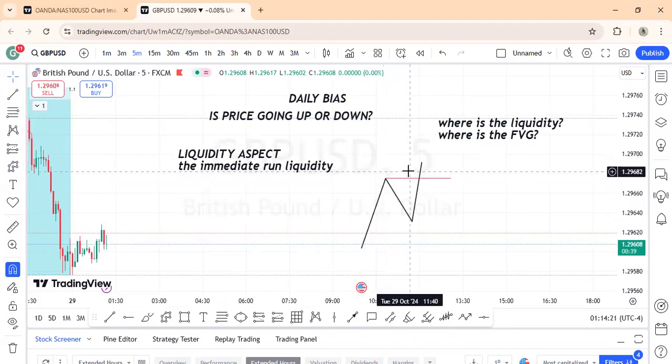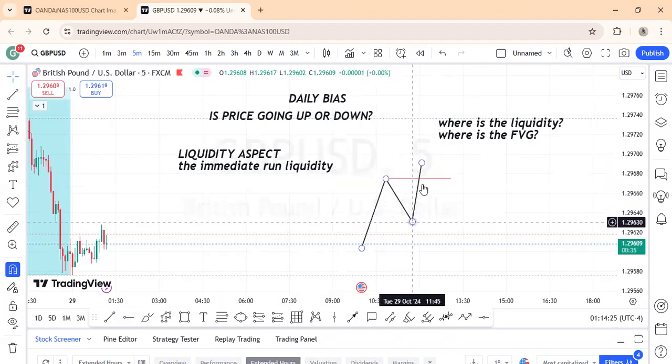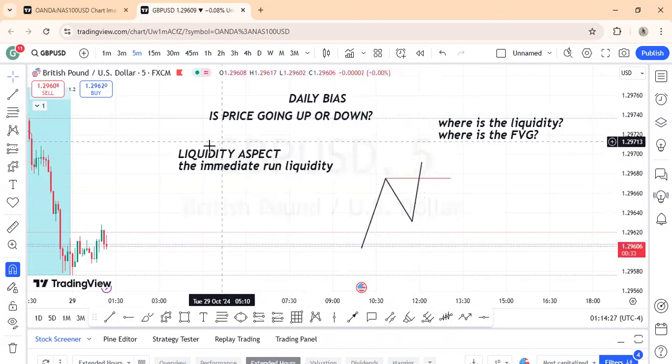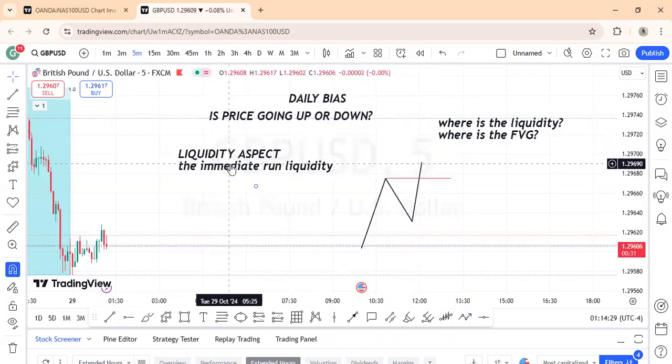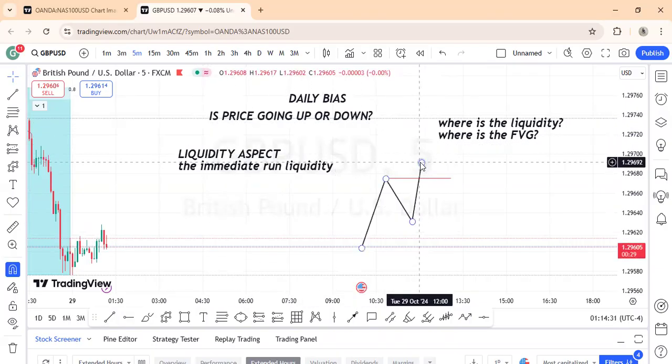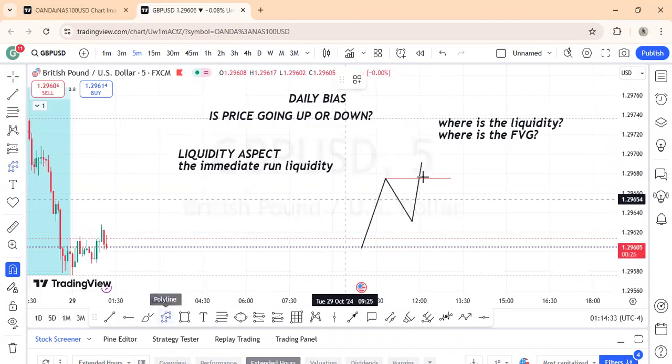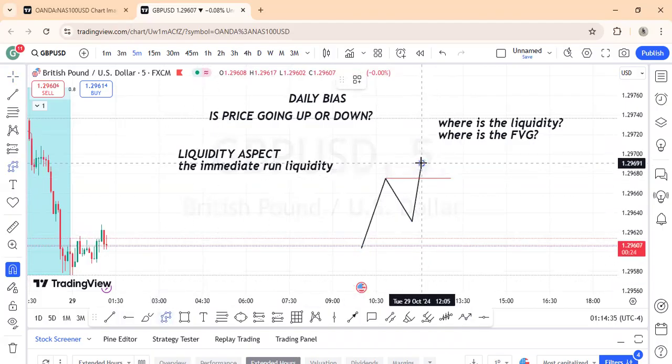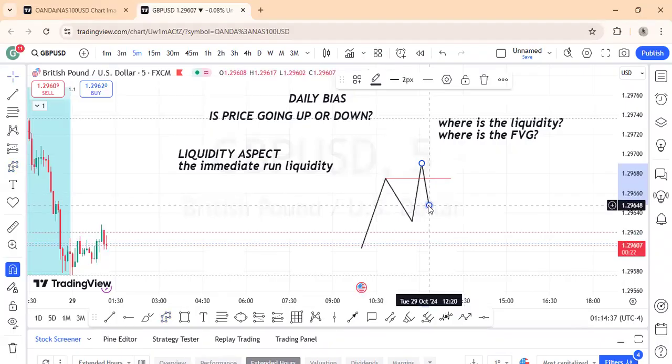Now, even if this market is bullish, seeing that price has run this liquidity, your daily buyers would not be buying anymore, because after price runs liquidity, there's always a tendency for a pullback to occur. Are you getting it?